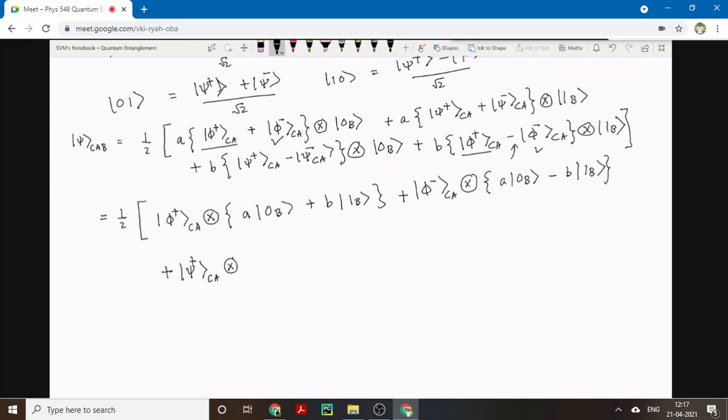Psi plus CA is here, and psi plus CA is here.